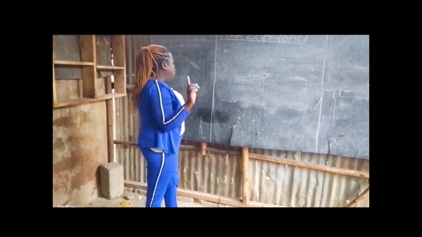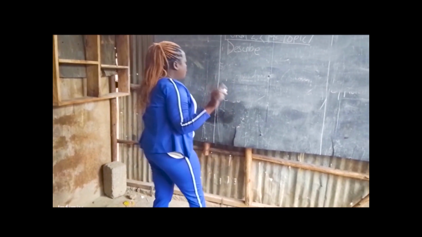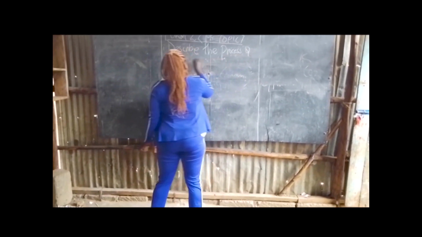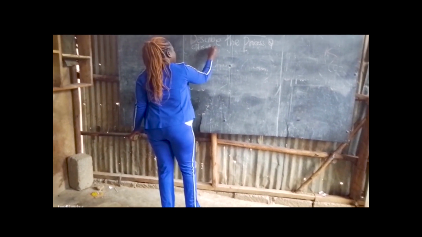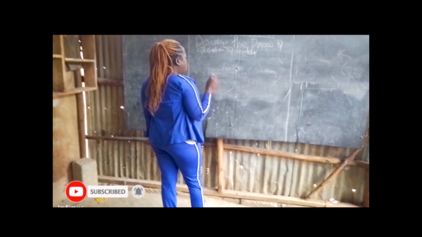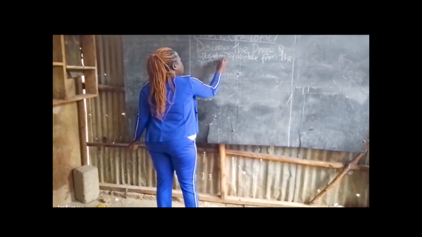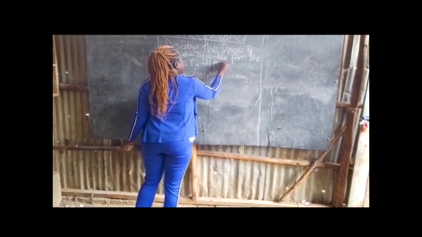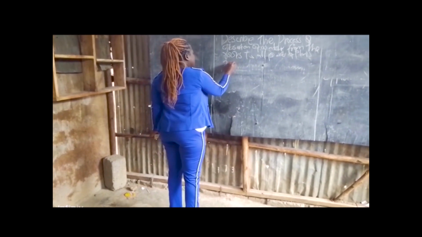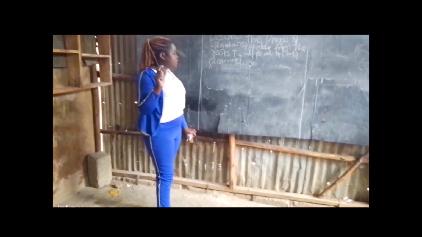It's a very suitable question under this topic: describe the process of absorption of water from the roots to all parts of a plant.